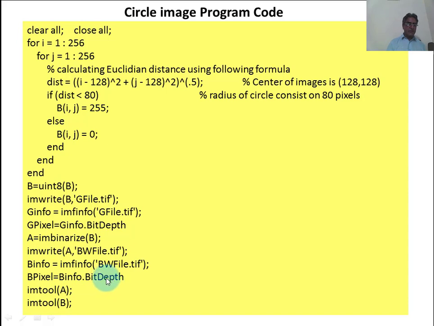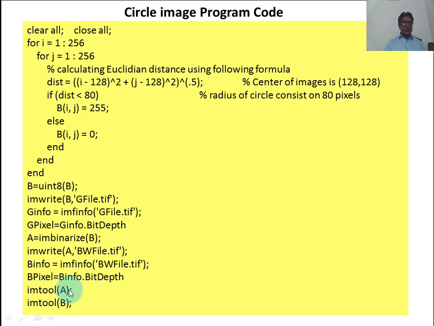Bit depth is a constant value. Through this command we store that value in b pixels, and we are not using a semicolon here, so the b pixel value will be displayed on the screen.